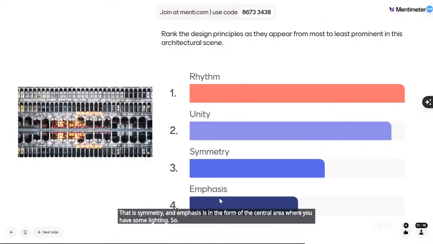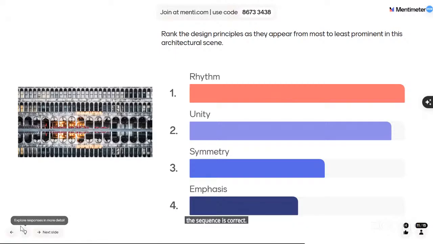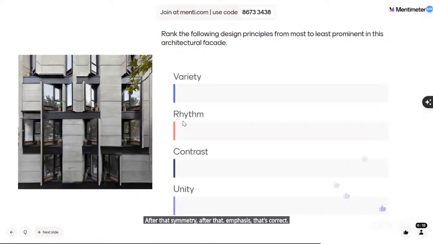So this sequence is correct. Rhythm slash unity, either one can come. After that, symmetry. After that, emphasis. That's correct. Now rank the design principles from most to least prominent in this composition.